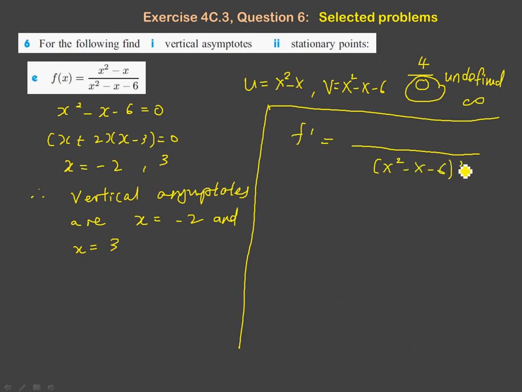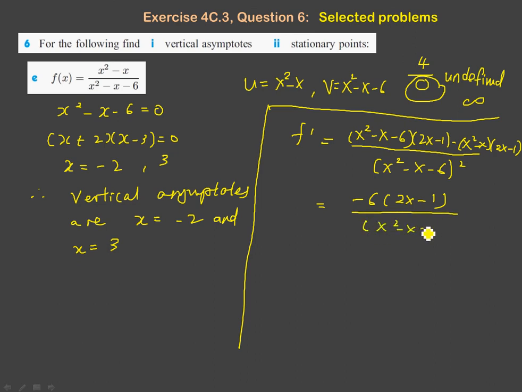So the formula says we have v du/dx, which is 2x minus 1, minus u dv/dx, so that will be 2x minus 1. If you simplify this, you would get something like this. I skip ahead, so make sure you check the work properly.